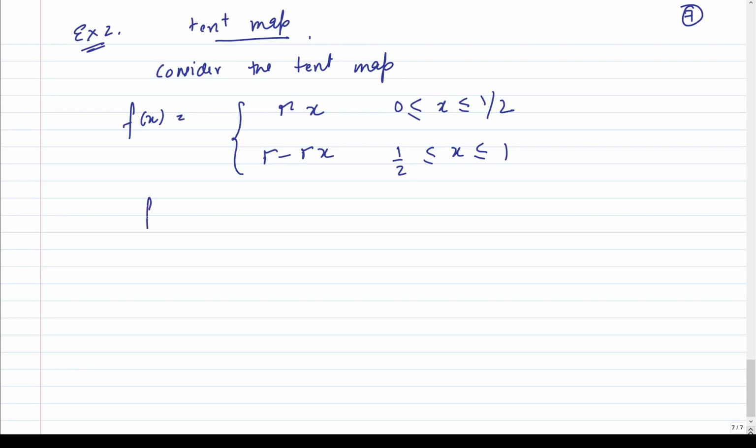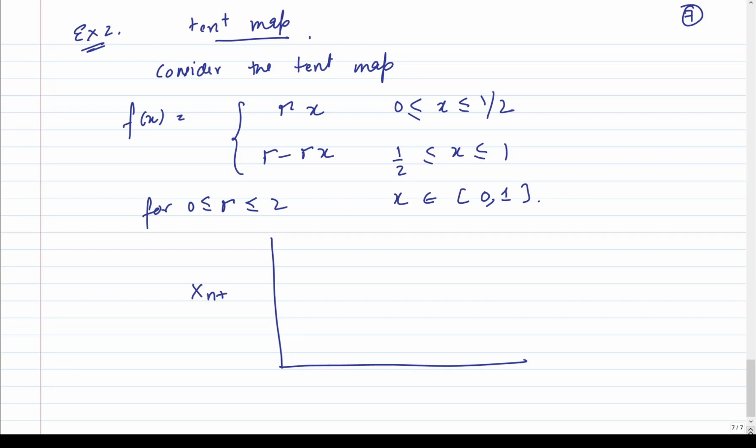So this is a map defined for r between the values 0 and 2, and x would be in this range. So sketching the map, this is what you're going to get, with peak r by 2.